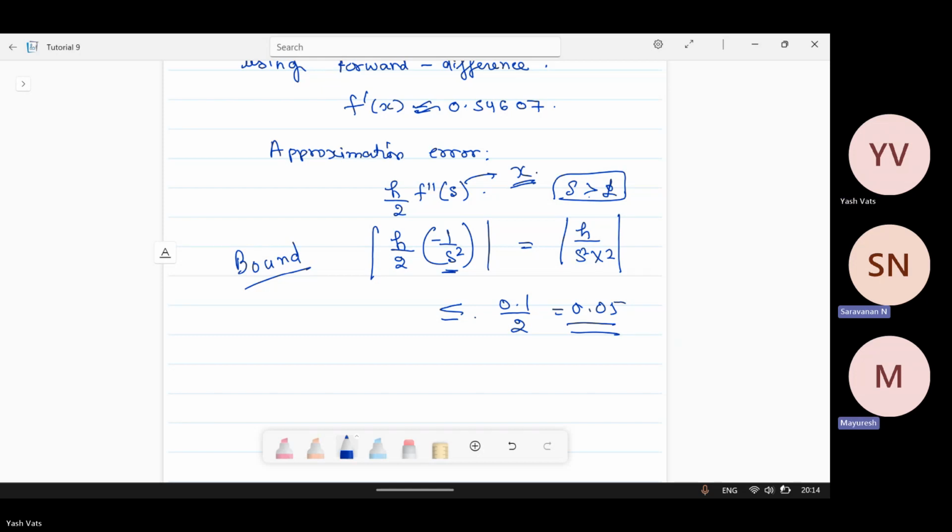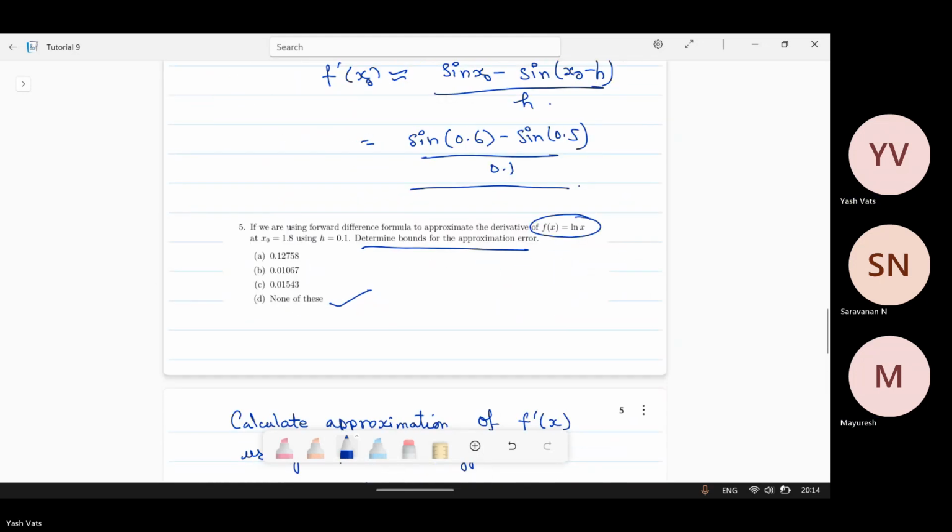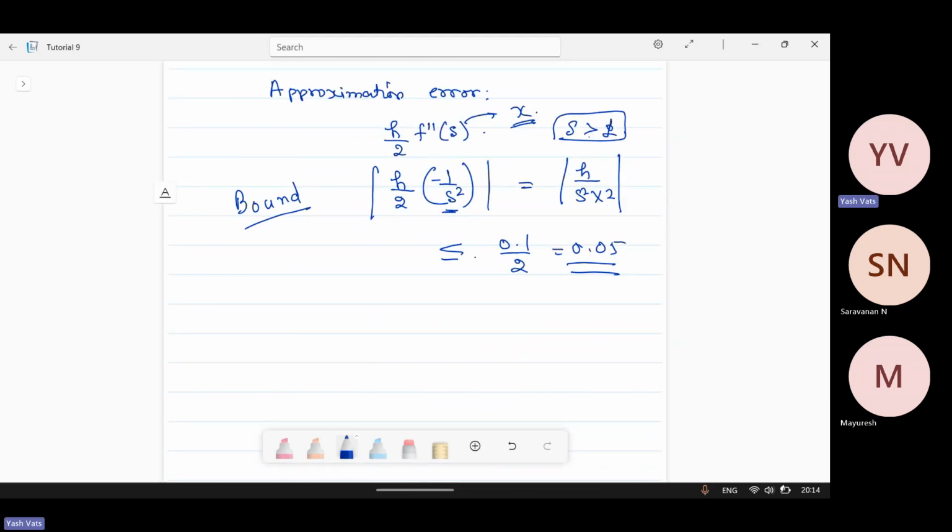What is the value of s in that case? What should we approximate, because they have already given x as 0.8 or 1.8. So I should start from 1. That's actually my confusion.